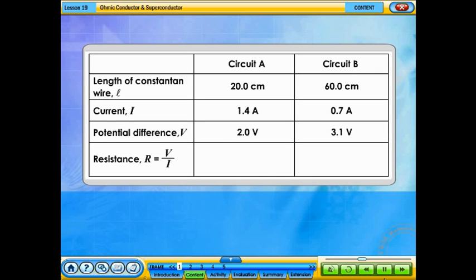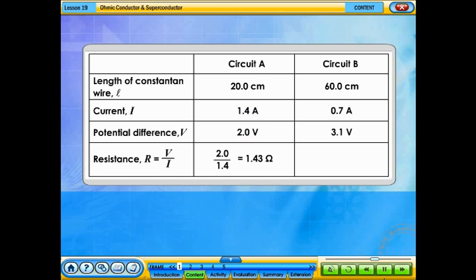The ammeter reading is 1.4 ampere and the voltmeter reading is 2 volts. Resistance R is equal to potential difference divided by current. Therefore, the resistance of the Constantan wire in circuit A is 1.43 ohm.